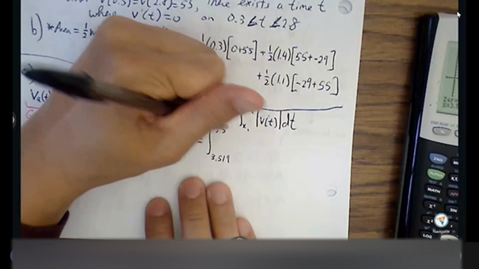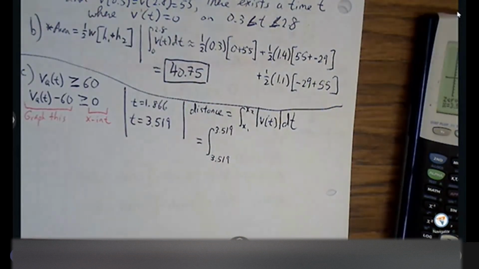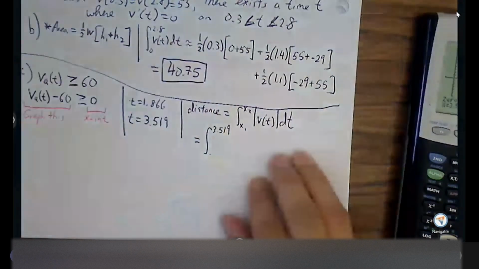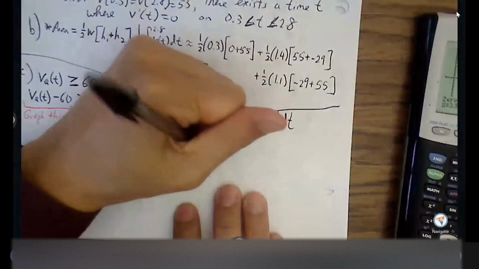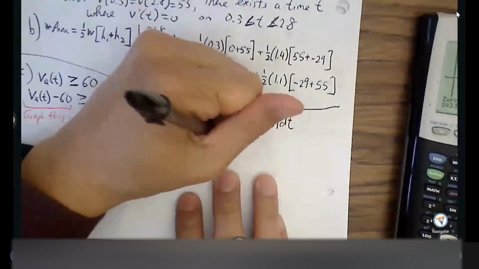Oops. 1.866 is down here. Absolute value of my velocity.